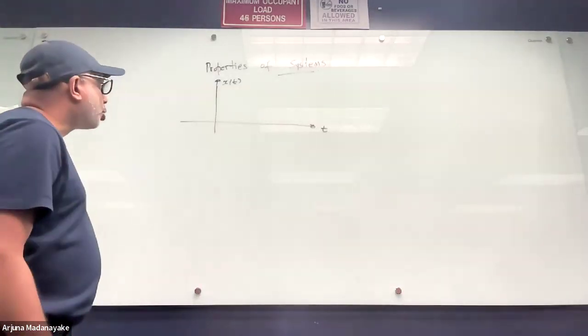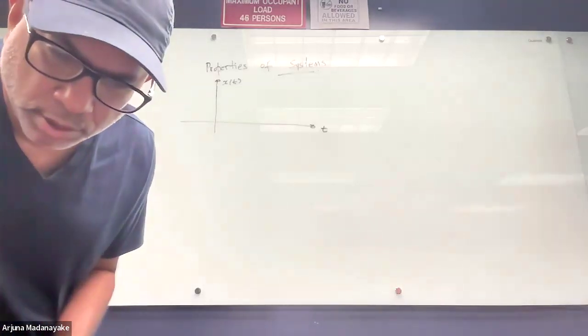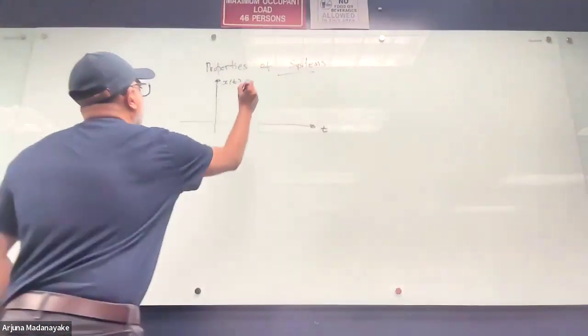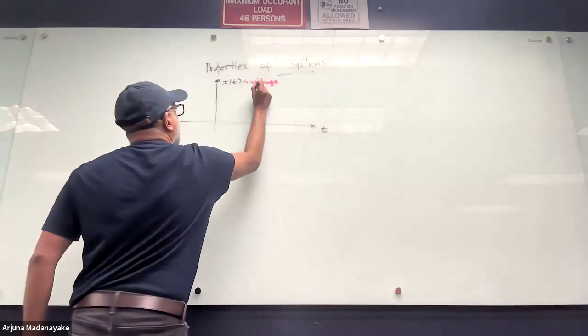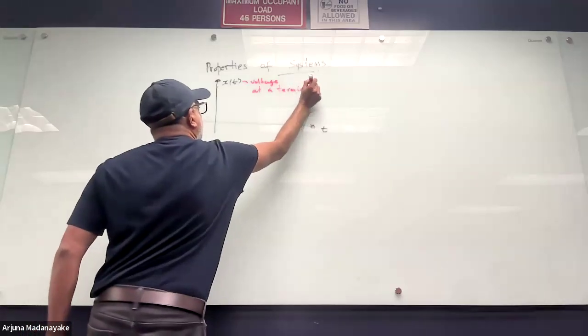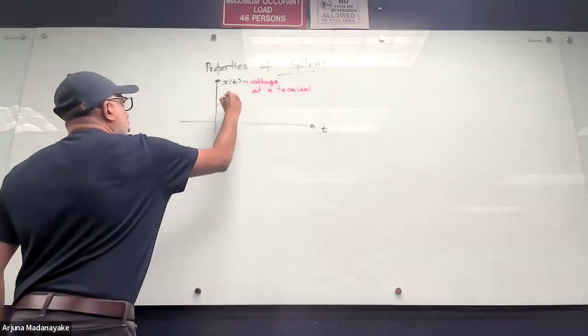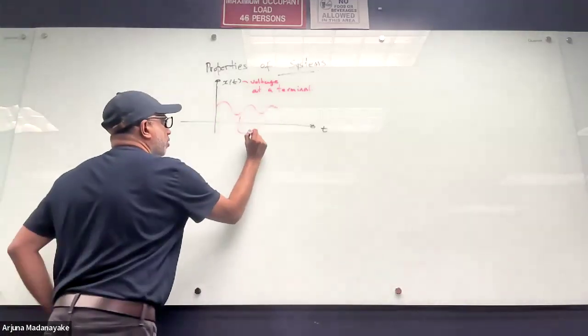So for ease of use, let's say it's a voltage. Okay, so we'll call it a voltage at a terminal. So it varies, right? So it's a waveform. So these things are called a waveform.